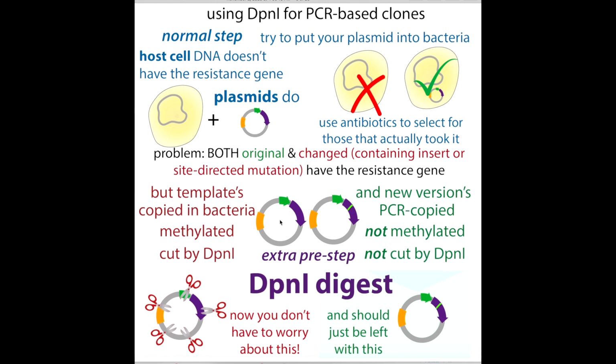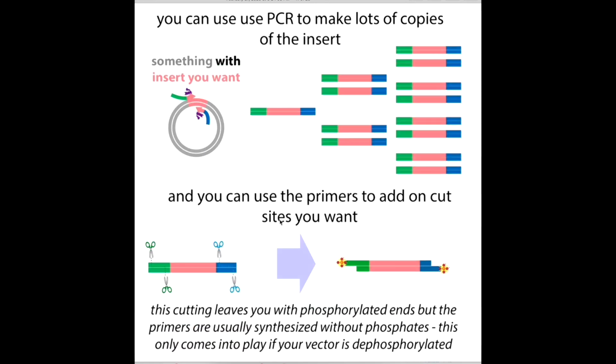And the importance of this is that when plasmids get copied in bacteria, they normally get methylated in the cells, and this makes them vulnerable to a restriction enzyme called DpnI. But the new version that's PCR copied doesn't get methylated, and so it doesn't get cut, and so it'll be fine if you DpnI digest it. So this should hopefully get rid of the parents.